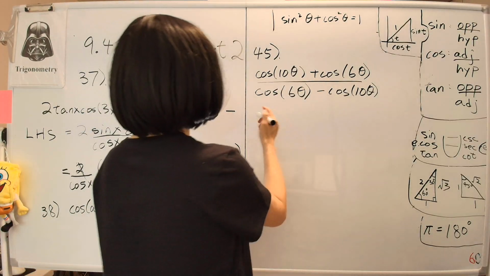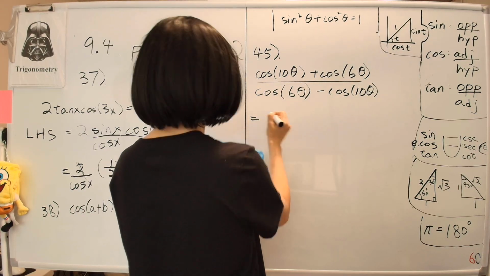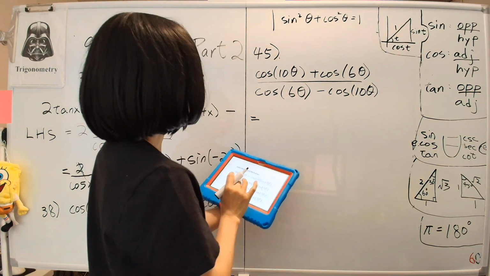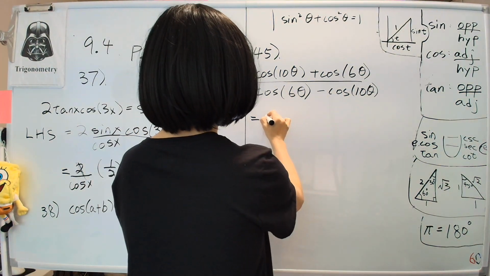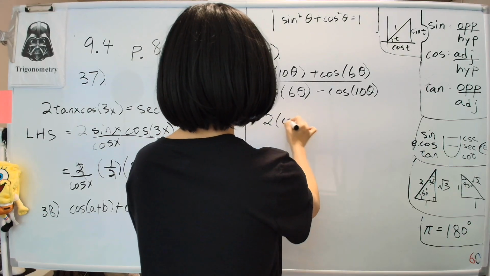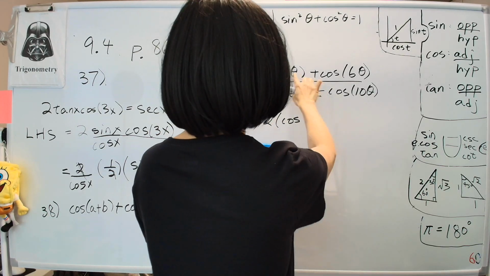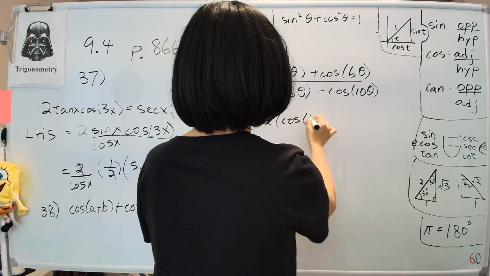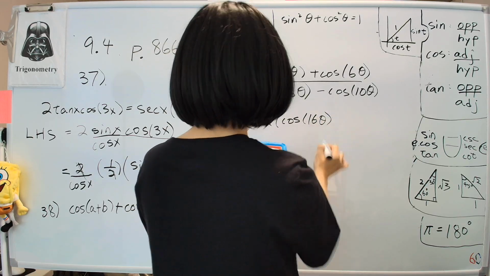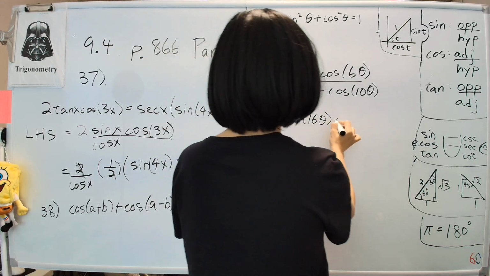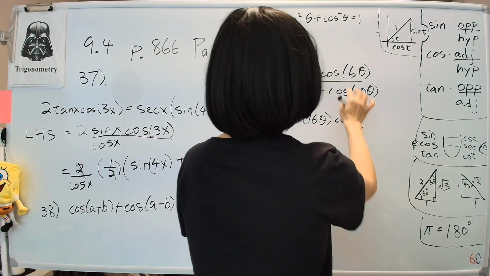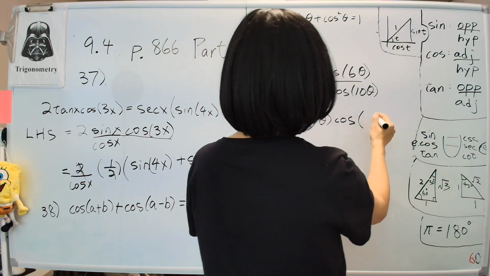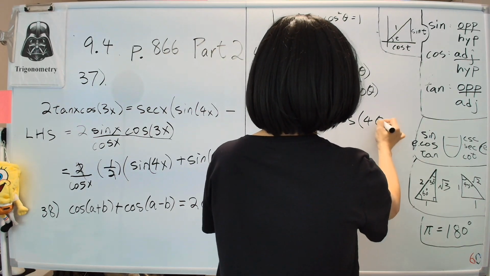The top is the sum formula that equals 2 times cosine of the 2 of them added up. That will be 16 theta, and then times cosine of their difference. That will be 10 minus 6, that's 4 theta. The sign doesn't matter.